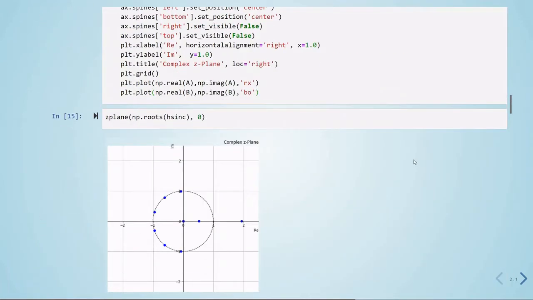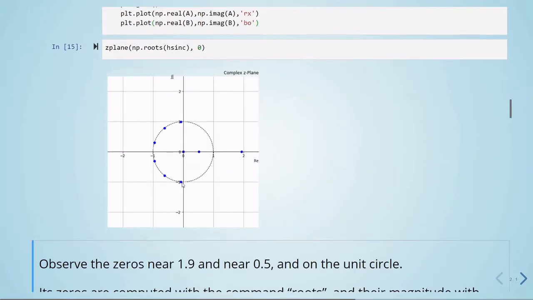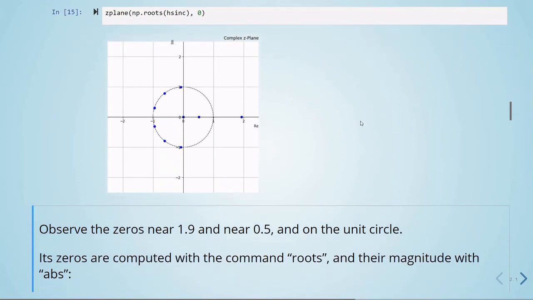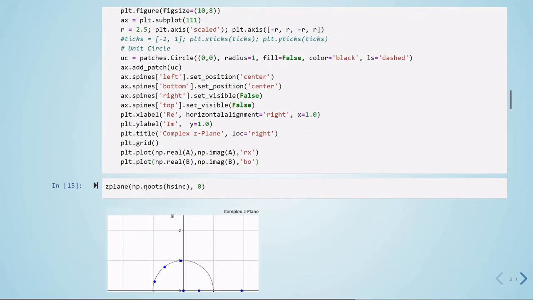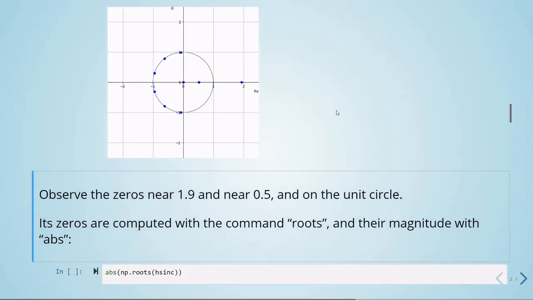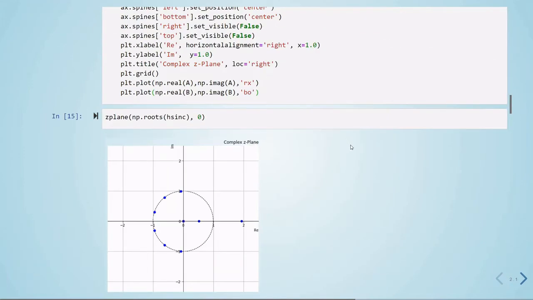We are plotting the poles and zeros on the complex Z-plane, real and imaginary part, and we observe that there are zeros near 1.9 and near 0.5 and on the unit circle. Its zeros are computed with the command roots we used here, and their magnitude with abs.